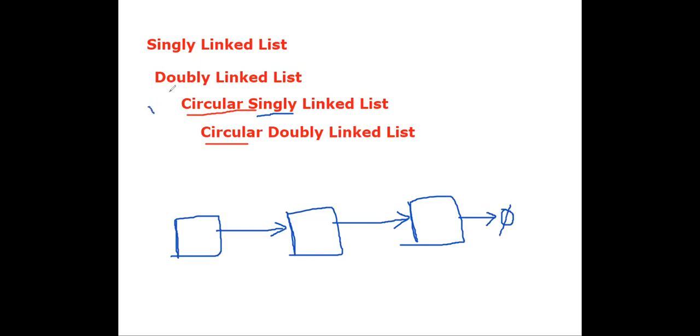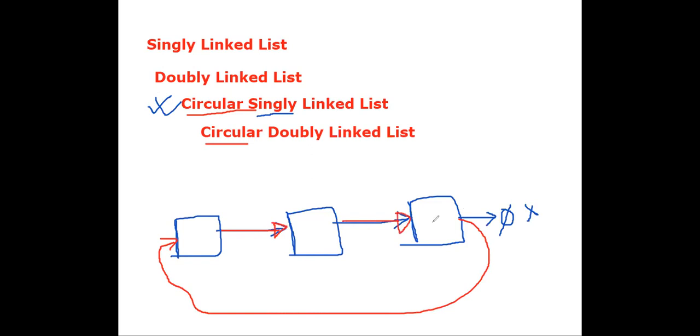But in a circular single linked list, the last node will not point to null, but rather this connection will come back to the first node. So the first node points to the second node, which points to the third node, and the last node points to the first node. This is how a circular single linked list works.